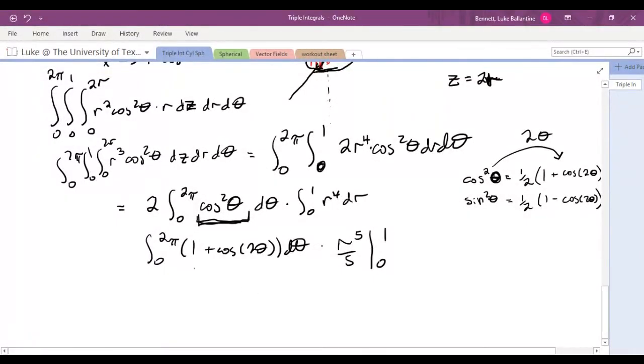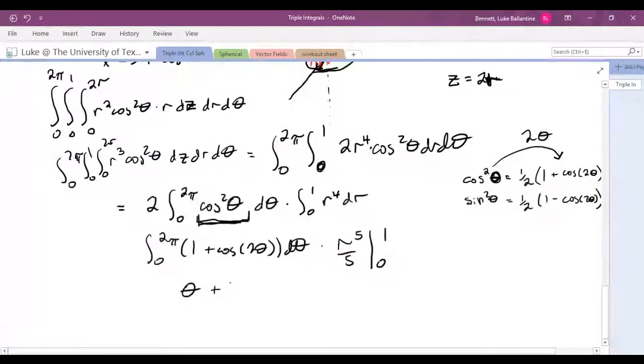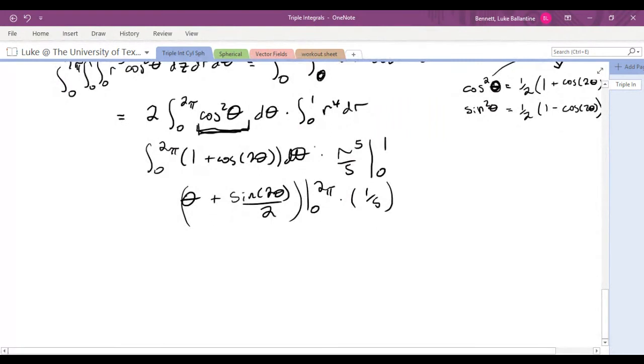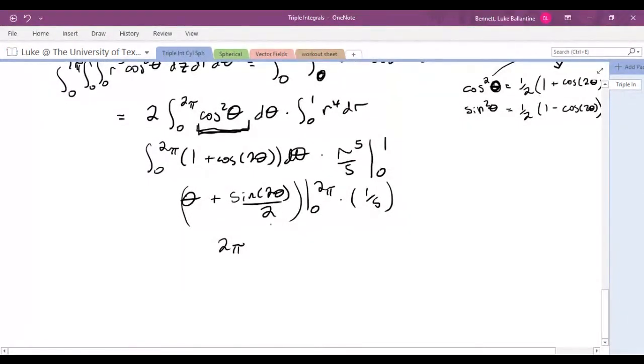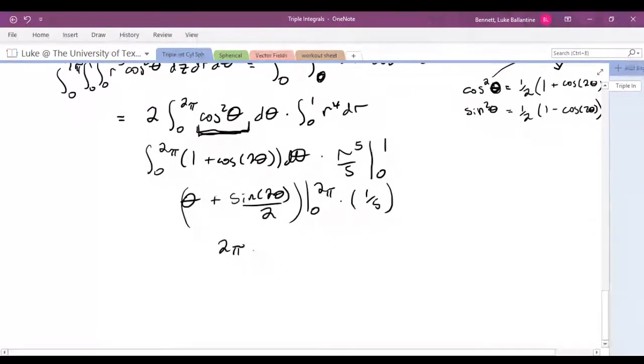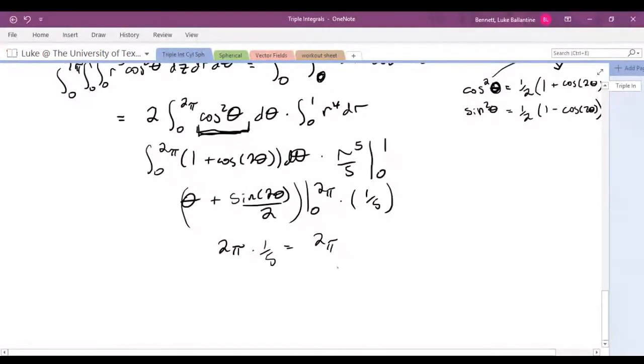Integrating 1 d theta, we get theta, plus sine of 2 theta over 2, evaluated from 0 to 2 pi, times 1/5 minus 0, which is just 1/5. Plugging in 2 pi, we get 2 pi, and sine of 4 pi is just 0. Plugging in 0 zeroes everything out. So we get 2 pi times 1 over 5, or 2 pi over 5.